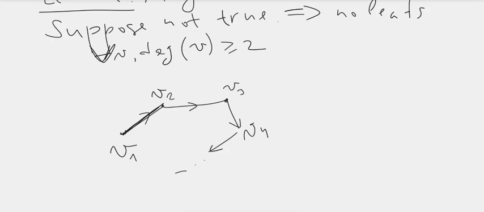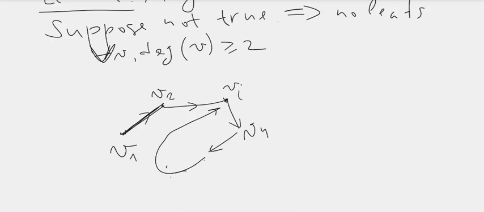Let's say that vertex Vi is the vertex that we already visited on some previous step, and let's say this is the first time that it happened.